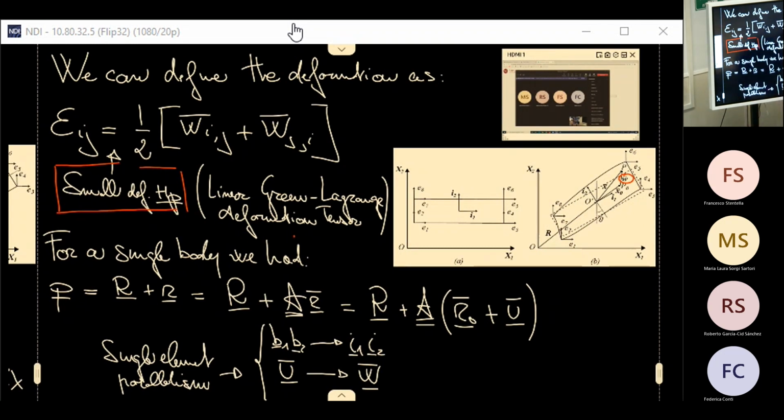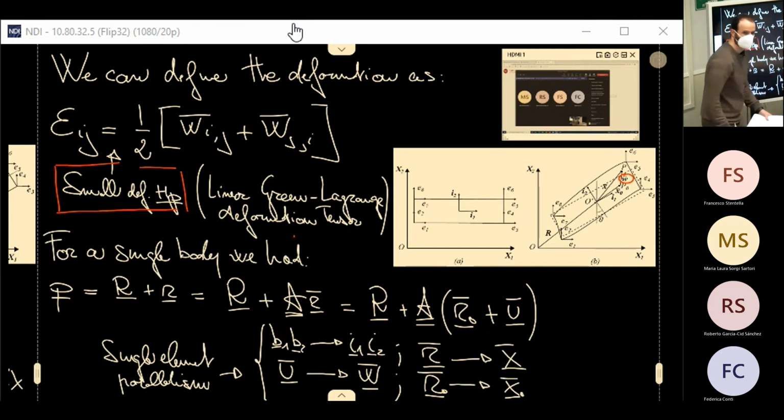And R over bar, which is the position, becomes X over bar. And consistently, R0 over bar becomes X0 over bar.